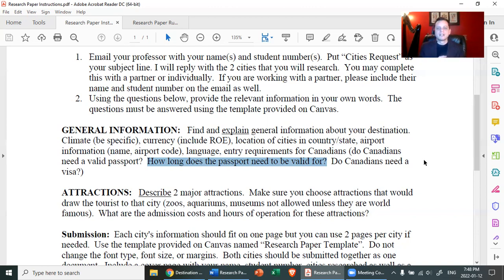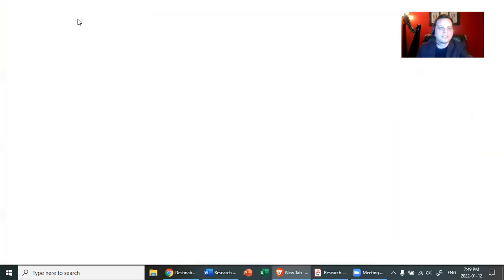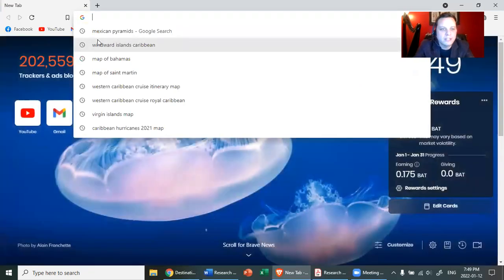Some of them are 3, but either way, if their passport expires in February, after they get back from their trip, they still might not be able to go. So that's another question for the Government of Canada website. If you're taking notes, the best website to go to is travel.gc.ca.